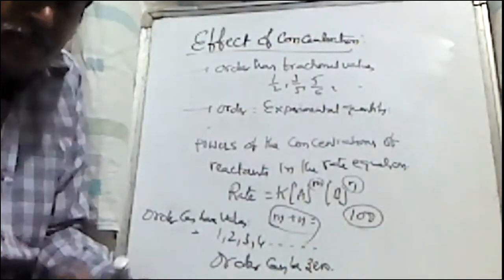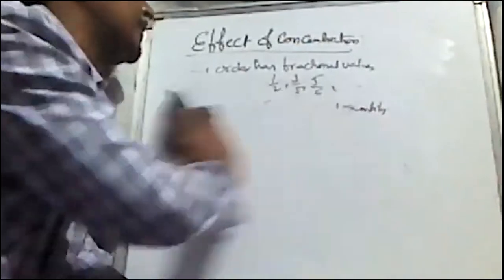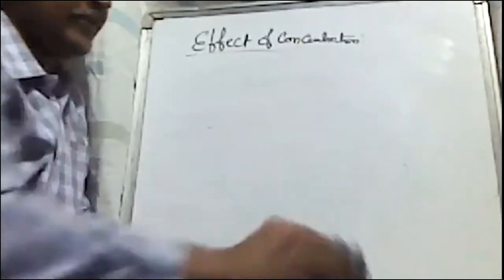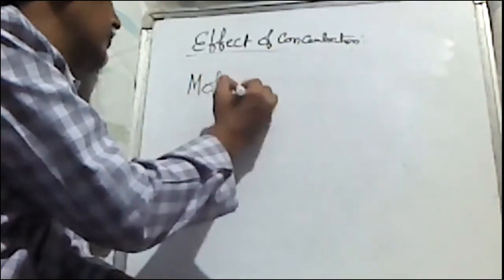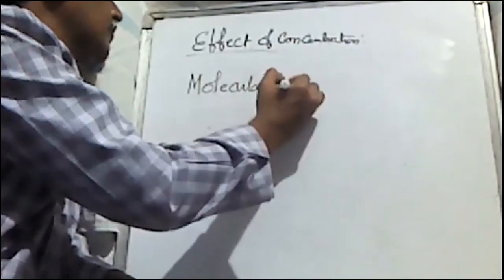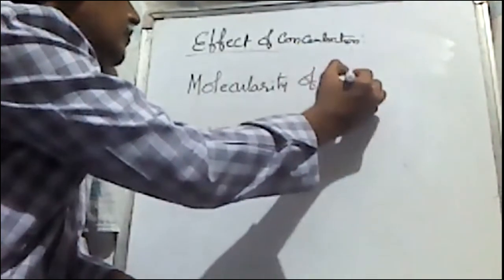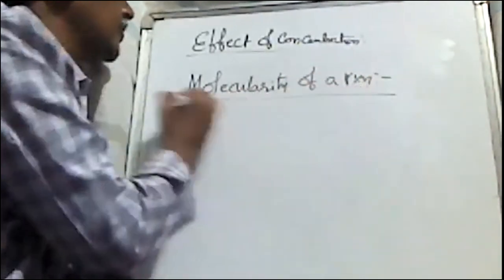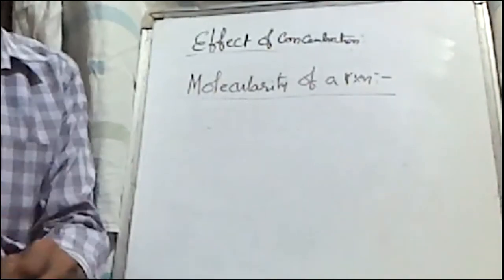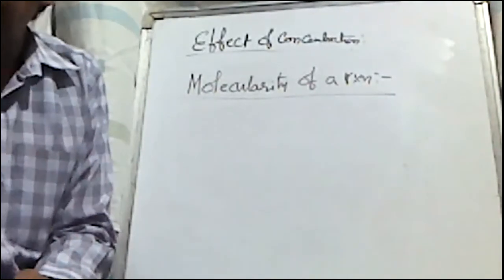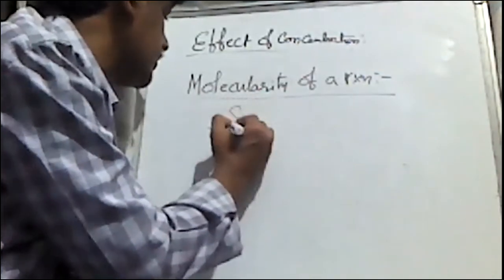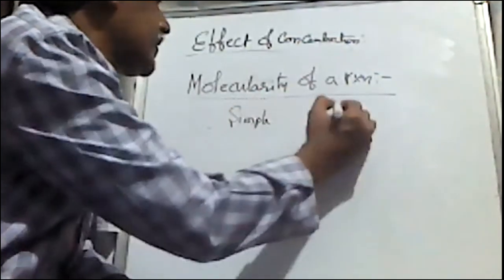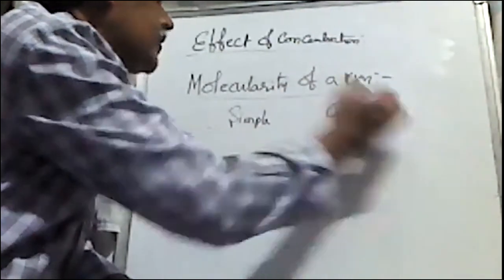There is another term in kinetics, that is molecularity of a reaction. What is the molecularity? Here reactions are classified into 2 types: simple reactions and complex reactions.